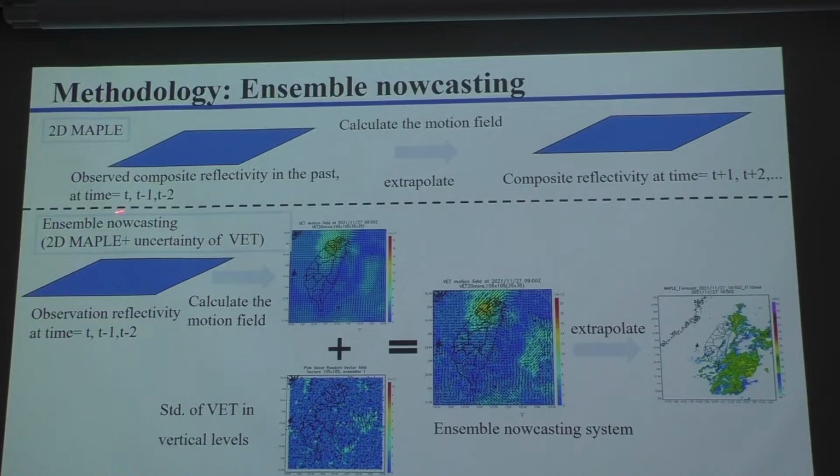Now, when we construct ensemble nowcasting, we have to figure out how to add perturbations based on these 2D MAPLE fields. As I just mentioned in the previous slide, those perturbations try to represent the uncertainty of the motion field at different levels and heights. So once you estimate the motion field from the original MAPLE, you add random perturbations based on those uncertainties, and then you can create a set of ensemble nowcasts.